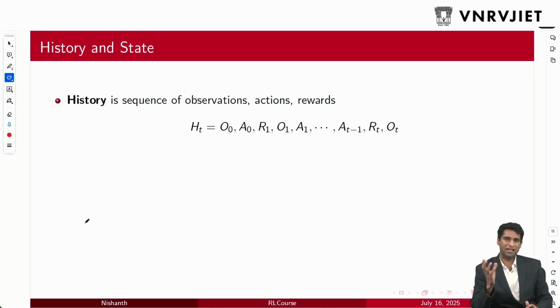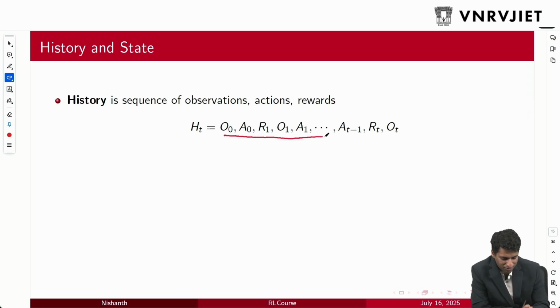Now that we have defined the concept of an observation, we can define the concept of history. Let us say the agent is interacting with the environment in one episode. For that episode, the history is defined by the sequence of observations, actions, and rewards.